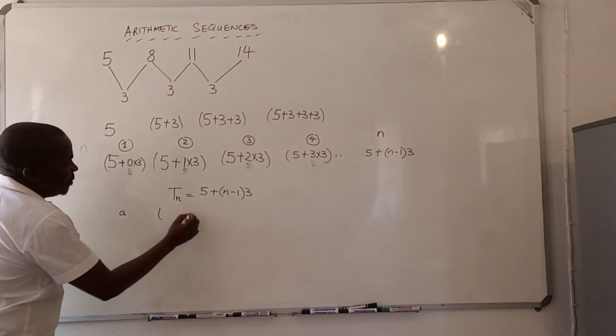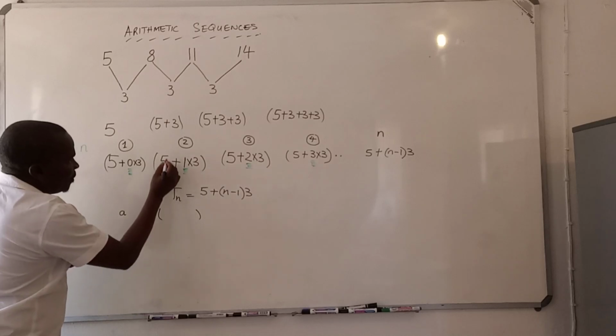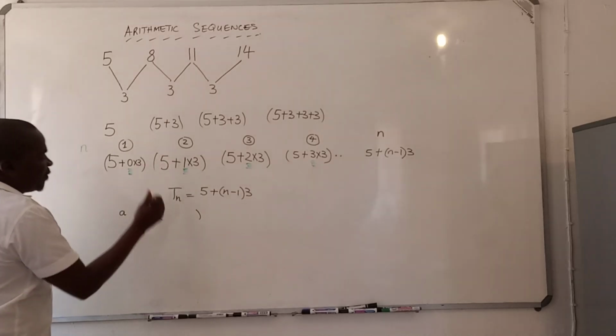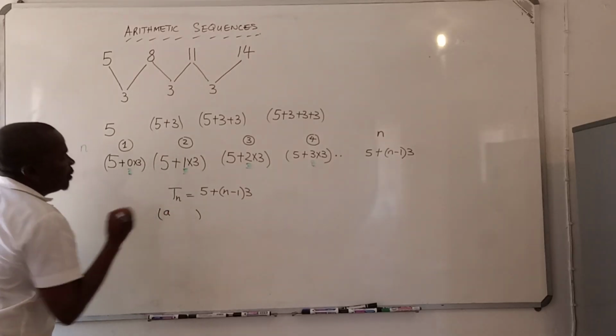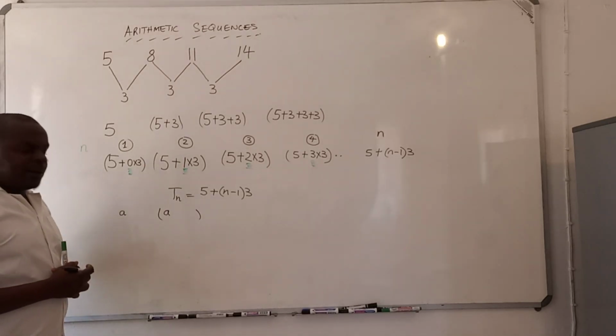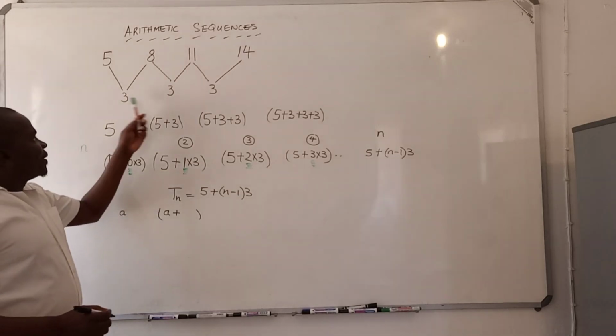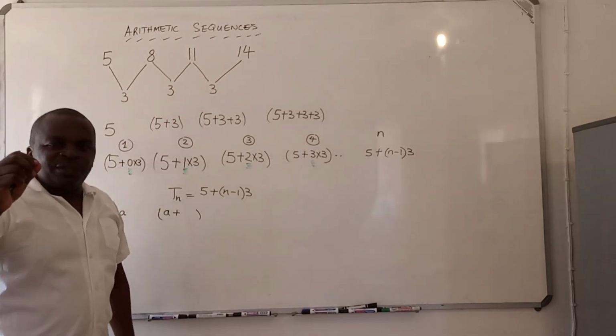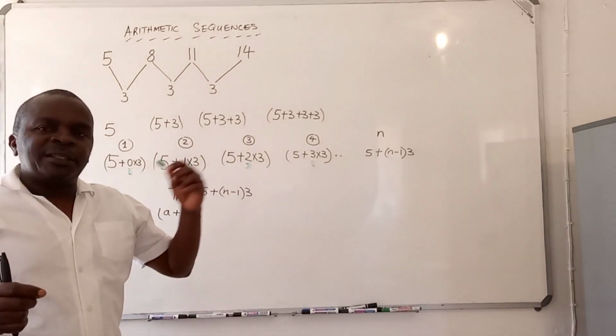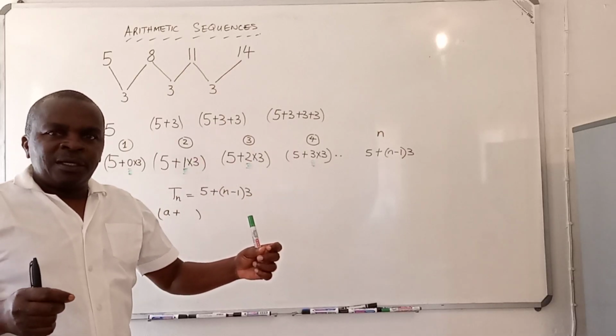And then the second term here, we're going to replace this 5 with the letter A, plus, instead of 3, we are going to use the letter D to represent the common difference.